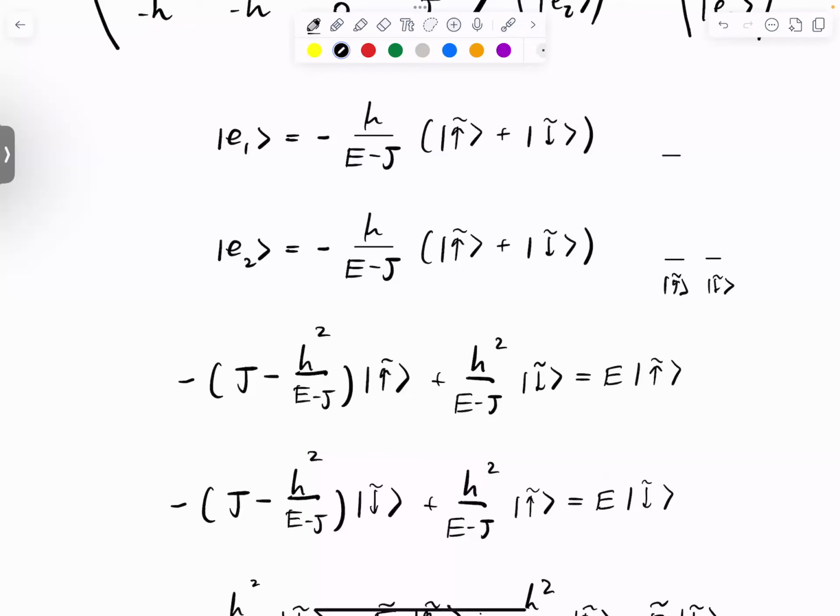And the distance between them is 2J. And the physics that's going to affect locally here between them is of order H.